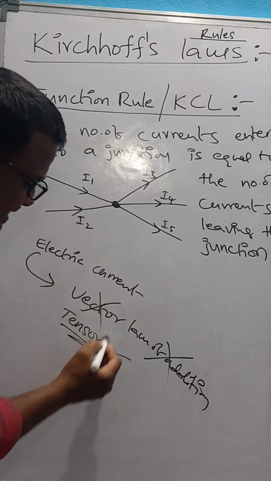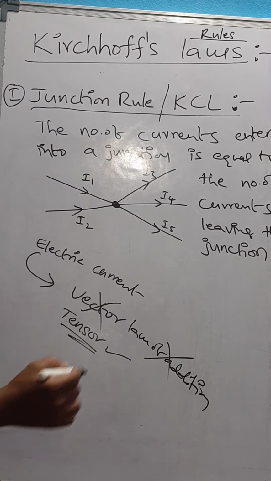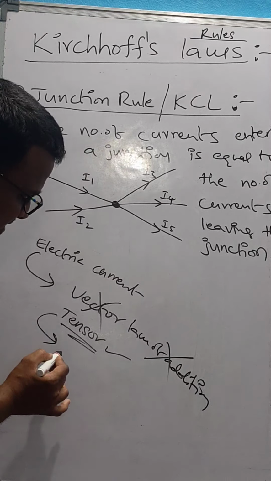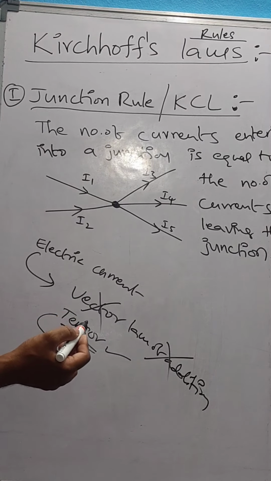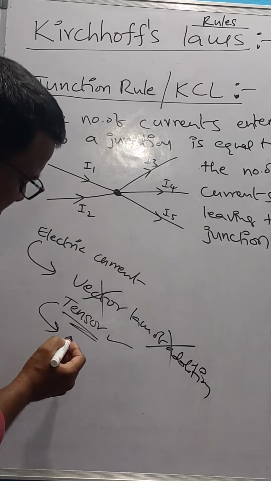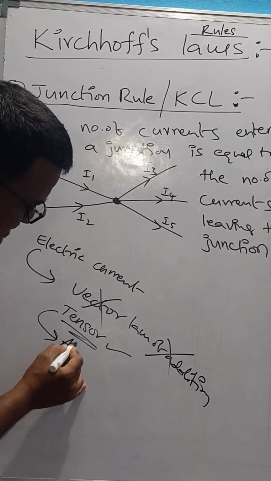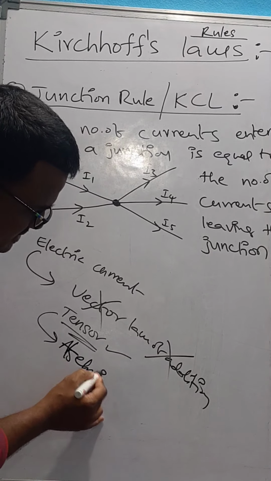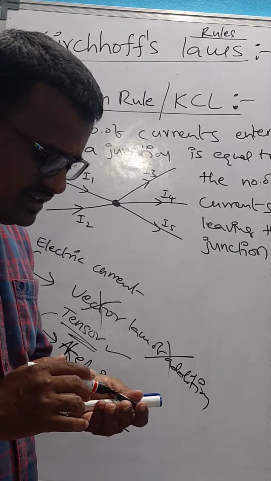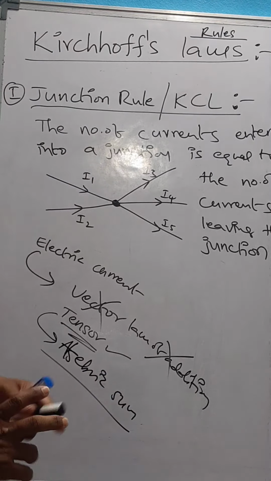That's why electric current is a tensor quantity. Tensor quantities are added just like a normal algebraic sum.